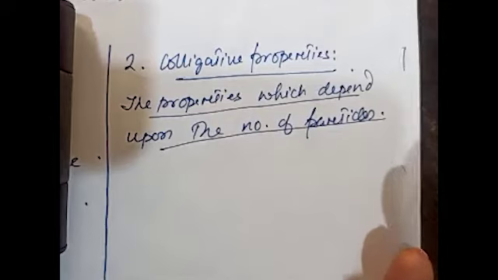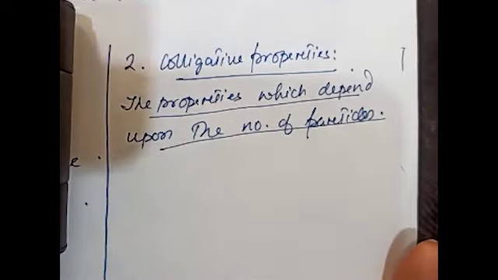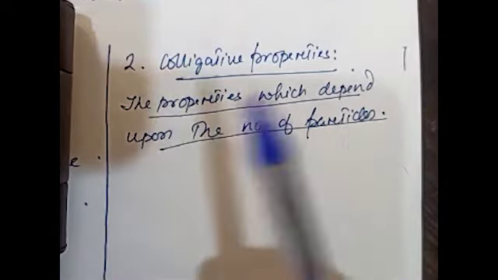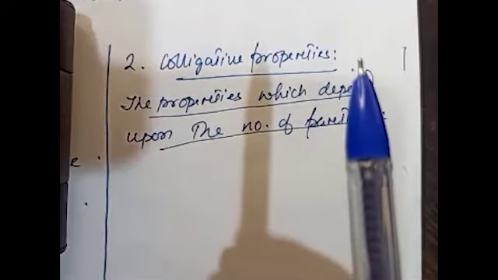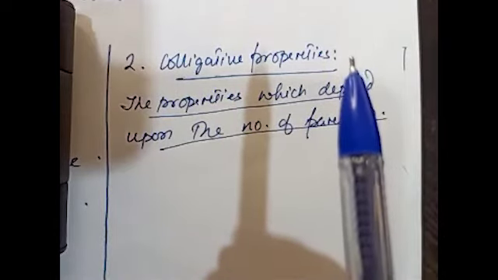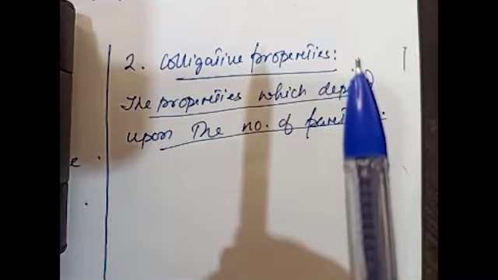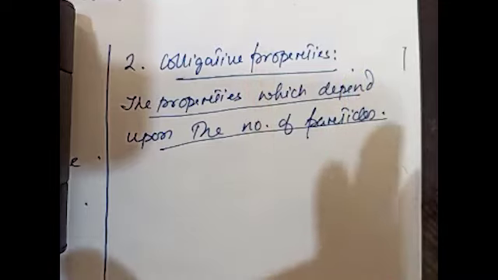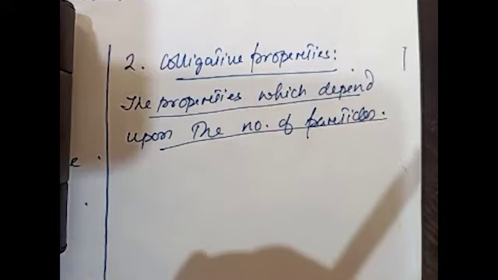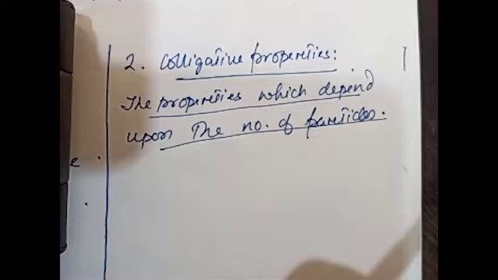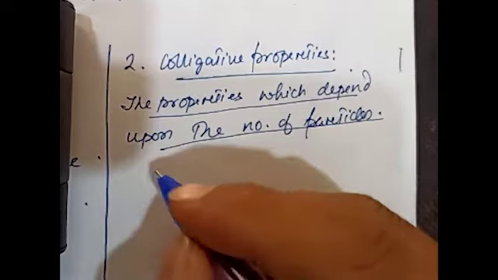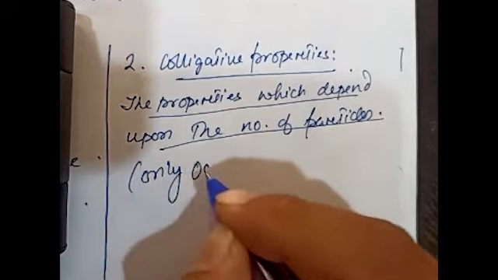These are the properties which depend upon the number of particles, for example relative lowering of vapor pressure, elevation of boiling point, freezing point depression, osmotic pressure. In case of true solutions, these properties were valid, but in case of colloids, only you will find some relative accuracy with osmotic pressure.